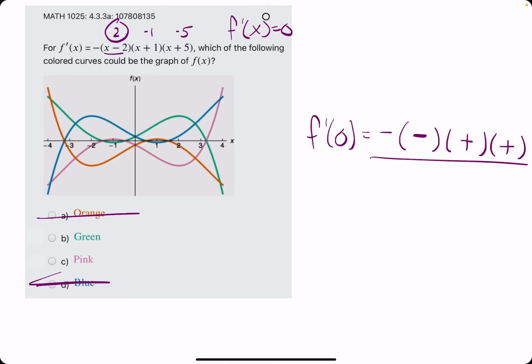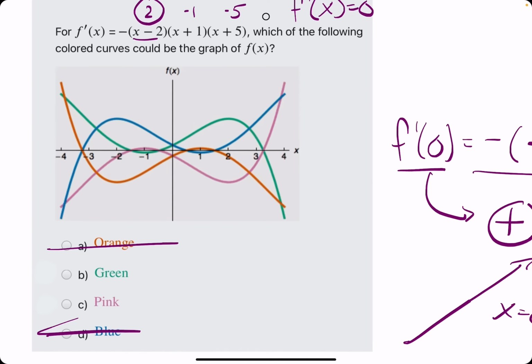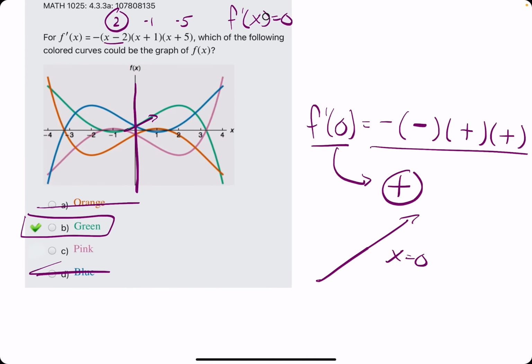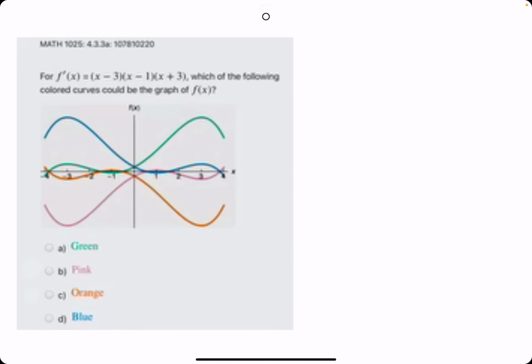So an even number of negatives results overall in a positive for f prime of 0, which means f has a positive slope at x equals 0, which means between pink and green, green has the positive slope at x equals 0. Keep in mind, we're considering right in the middle at x equals 0 when we look for that positive slope. Let's go and do one more example.